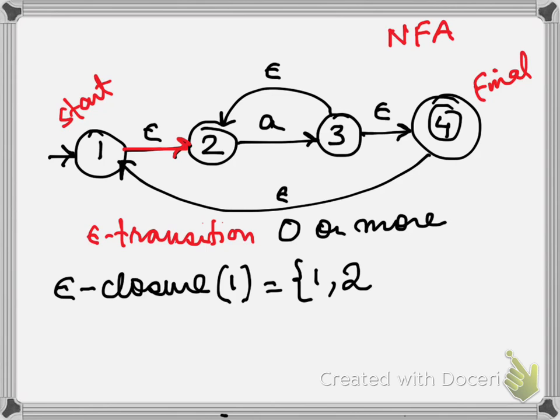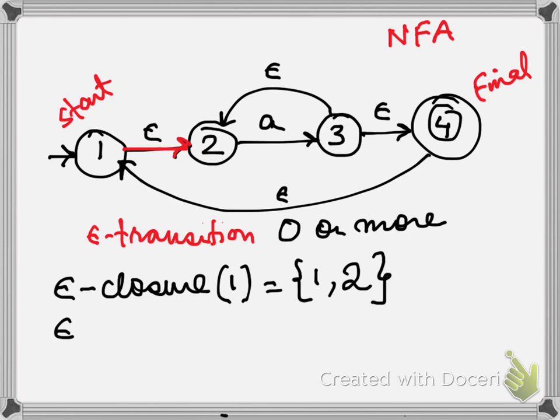Can we go to any other state following epsilon transitions from 1? No, there is no other epsilon transition from state 1. So the epsilon closure of state 1 is the set {1, 2}.